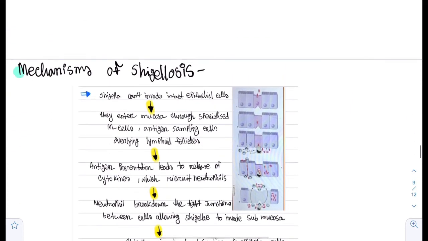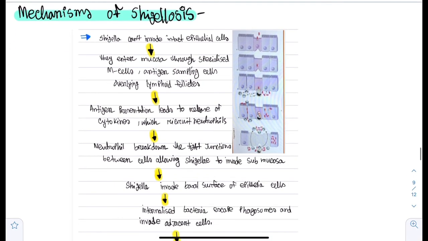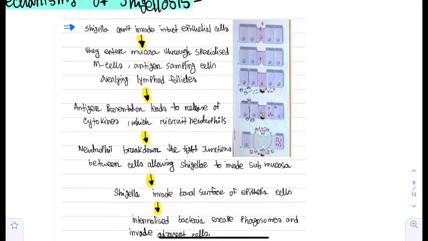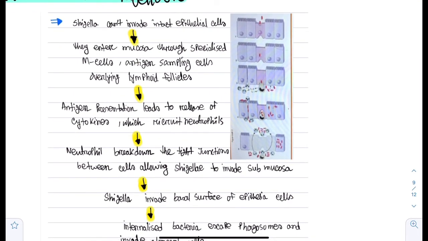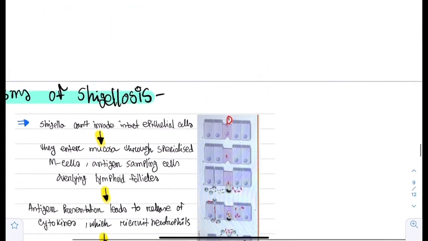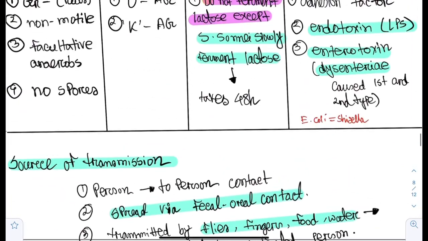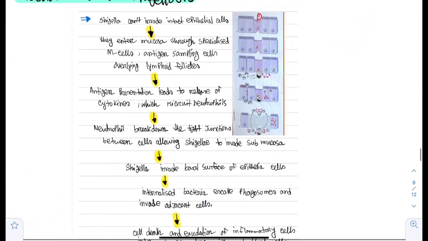And there is the mechanism of shigellosis. This is the most important mechanism of the shigella bacteria. Here we can see in the diagram this is the shigella bacteria. It cannot invade the cell directly, because, as you can see in the features, it doesn't have type 3 secretion.